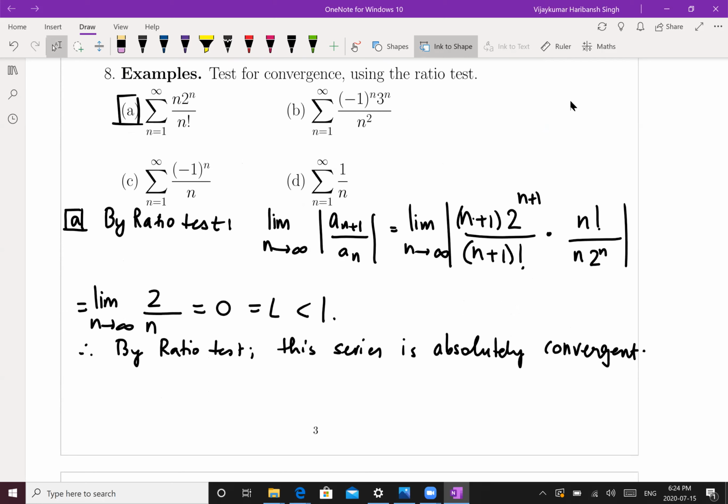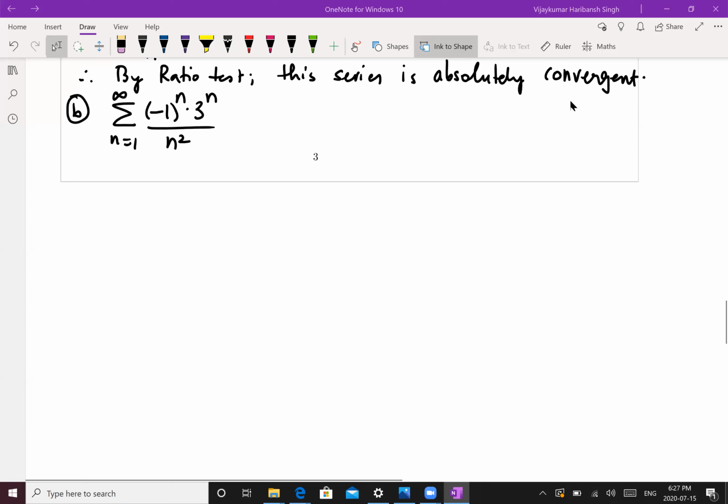Let's look at problem B. So we have the summation n equals 1 to infinity of (-1) to the power n, 3 to the power n upon n square. Again, we'll use the ratio test. So we have the limit as n goes to infinity of the absolute value of a(n+1) divided by an.